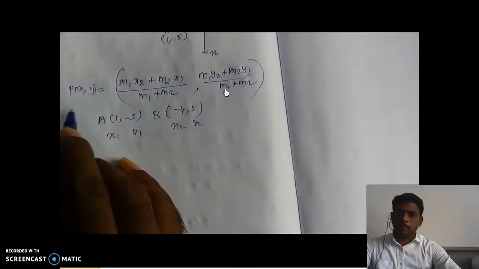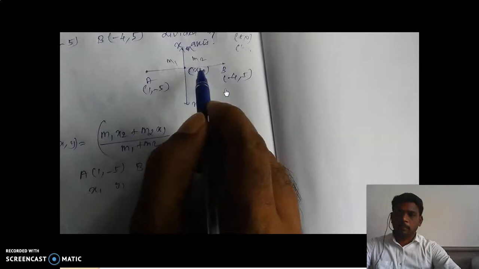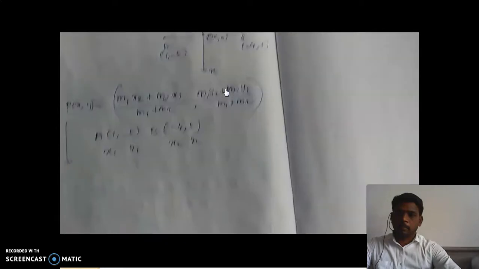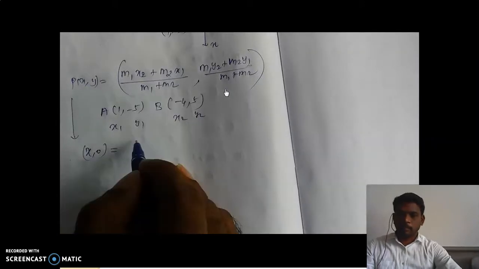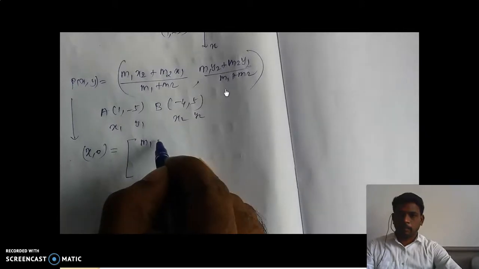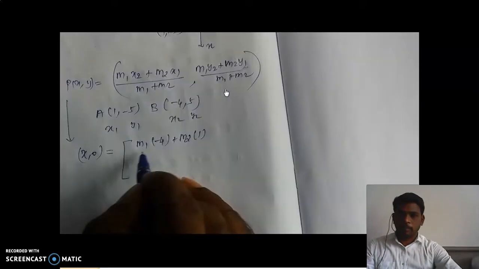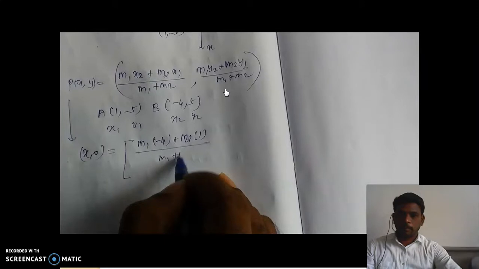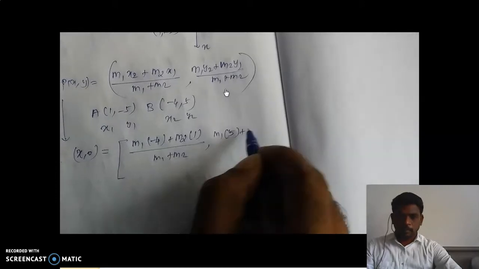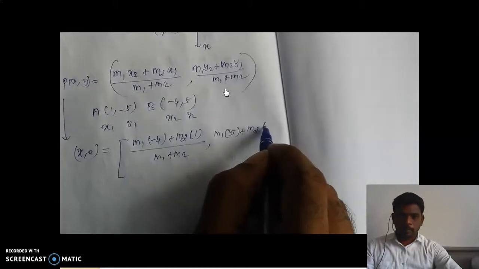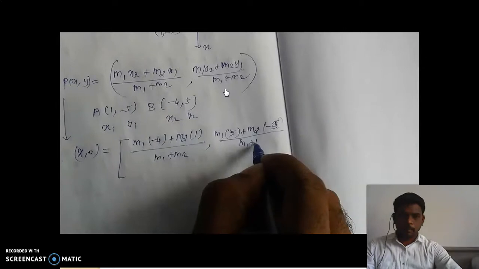So P of x, y is nothing but x, 0 here, which divides the line segment in some particular ratio. So we can take x, 0 on the left-hand side equal to, on the right-hand side, M1 as it is, and instead of x2 we put -4, plus M2 as it is, instead of x1 we put 1, divided by M1 plus M2, comma, and then M1 as it is, and y2 value 5, and M2 as it is, and y1 value -5, divided by M1 plus M2.